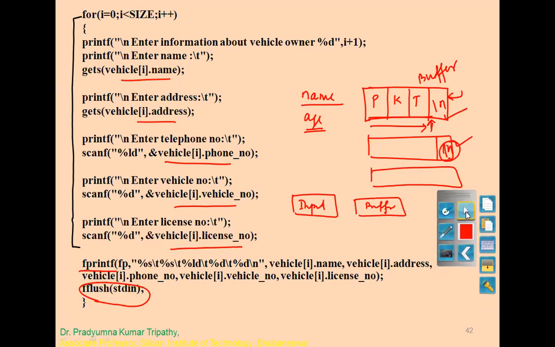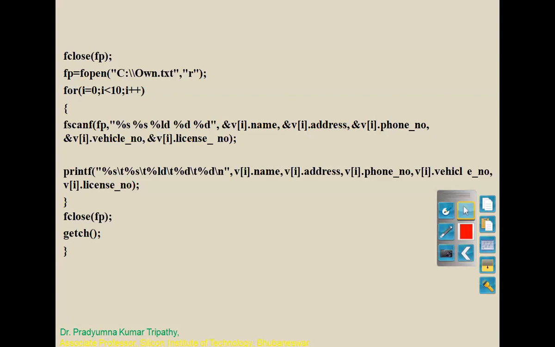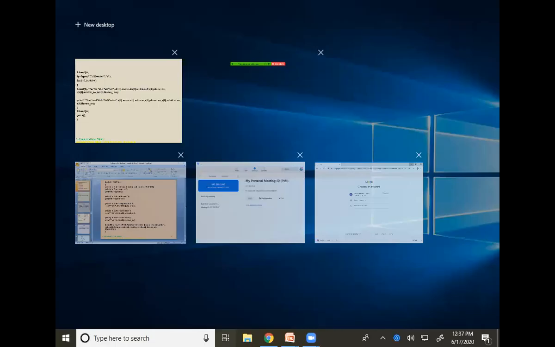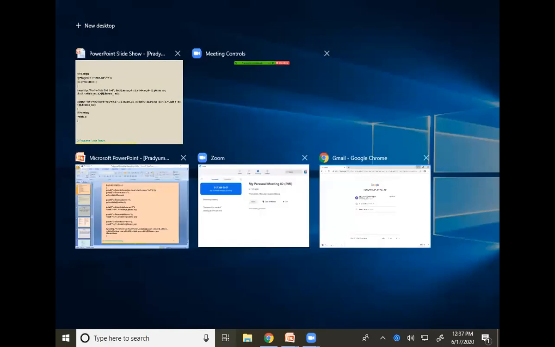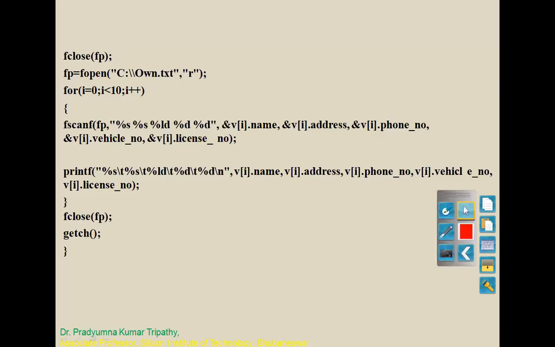So we have inputted and we have written into the file. Now to read from the file, 10 records I want to read. But for reading, what will I use? I will use the fscanf. So it will read from the file. What are these? The things that I have mentioned over here: name, address, phone number.